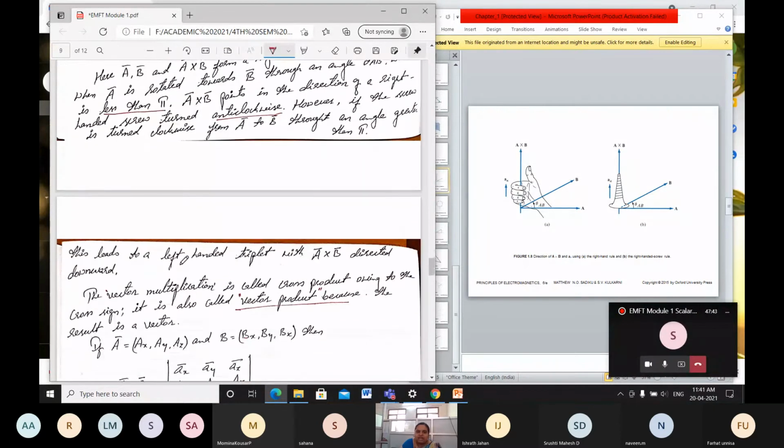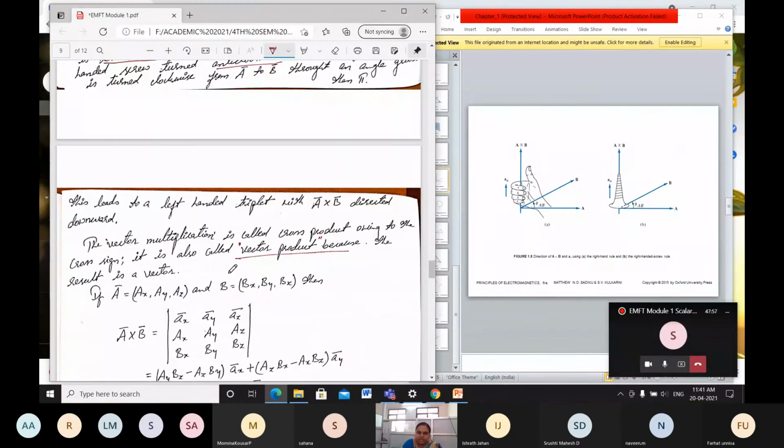Then it leads to the left hand triplet. You have to go with the left hand, then screw it. It will be in a negative way, directed downwards. The vector multiplication is called a cross product by using a cross sign, and it is also called a vector product, cross product, or else a vector product.